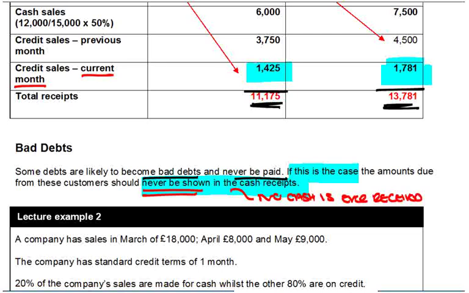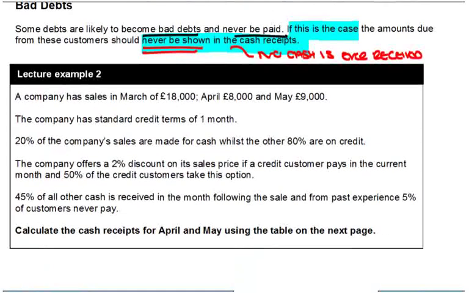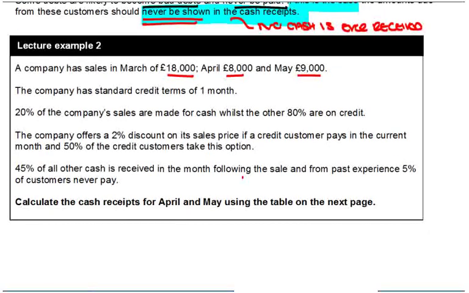So having a look down here then, we've got an example with some bad debts incorporated into it. This time we've got a company, we've got sales in March, April and May, and we've got 18,000, 8,000 and 9,000. Standard credit terms again are 1 month. And the terms this time, 20% of the company's sales are made for cash and 80% are on credit, so a lower proportion of cash sales.